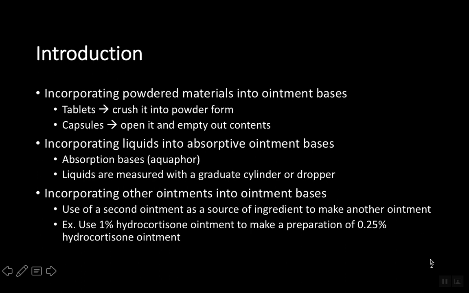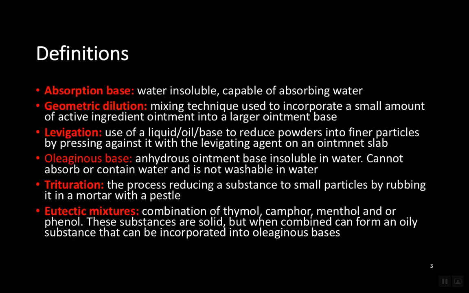So you can incorporate two ointments that have active ingredients in there already. So you use a second ointment as a source of ingredient to make another ointment. And that will be the first practice problem that we go over, so you'll see exactly what I mean. This example is here for you. Use 1% hydrocortisone ointment to make a preparation of 0.25% hydrocortisone ointment.